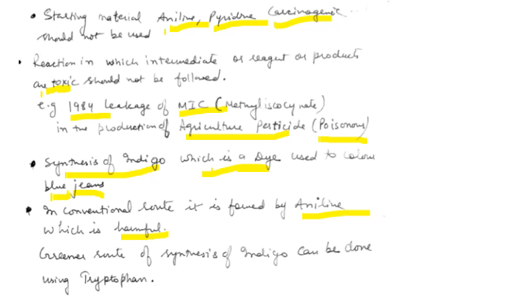So we should go for the greener route, in which indigo can be synthesized using tryptophan as the raw material. This is the greener route, more environment friendly, as compared to the previous traditional route using aniline, which is very carcinogenic and harmful to our health. That's why we should prefer this kind of synthesis, producing less hazardous substances.